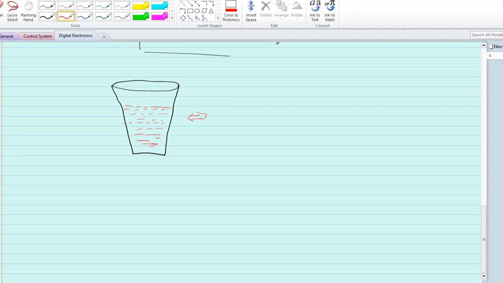And assume the another case here, that the glass contains this amount of water. Again it's not empty, again it's not full. You can say that both of these glass, that is glass 1 and glass 2, has some water.